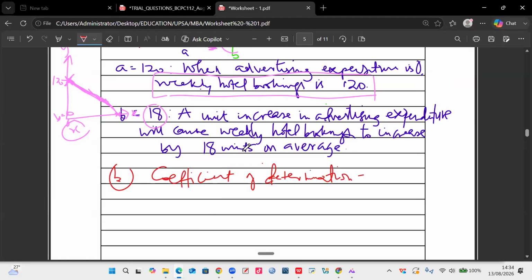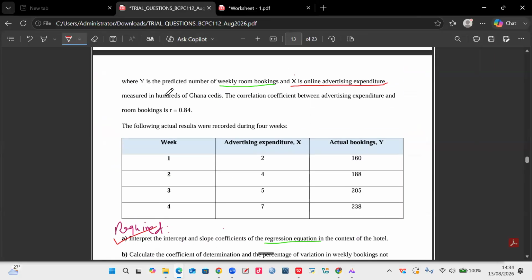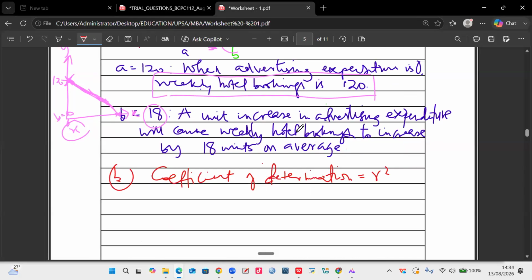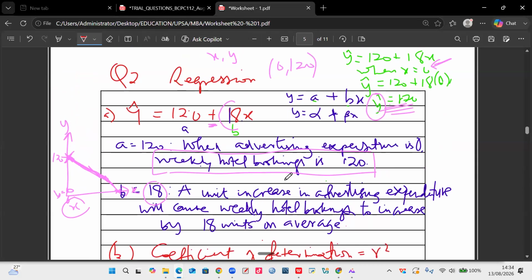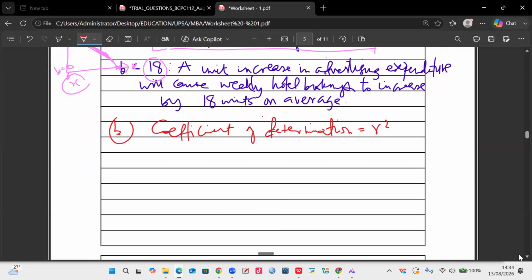The formula is called R squared. And in the question, they give us the R. What we'll do here is we'll just square it. R is equal to 0.84.